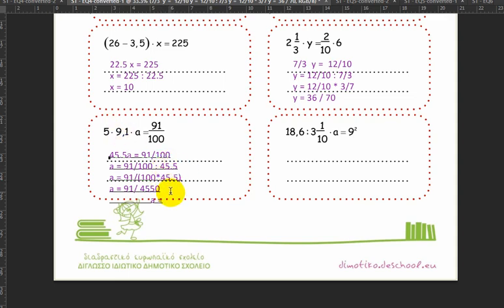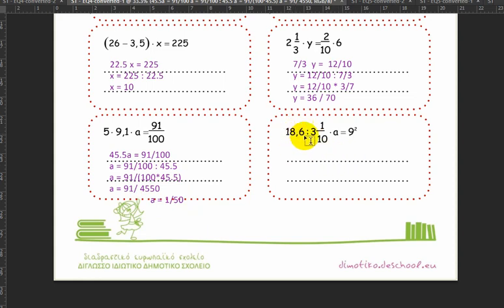If we did the division, 4,550 divided by 91, you are going to find 50. So a needs to be equal to 1/50th.